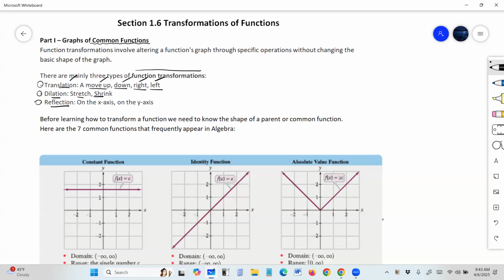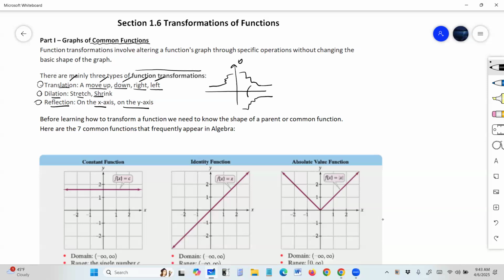And it's a reflection, which can either be done on the x-axis or the y-axis. So the reflection is whatever the function looks like. Let's say you have a function that looks like this here, and a reflection on the y-axis would be something like this. And a reflection on the x-axis would be something like this.